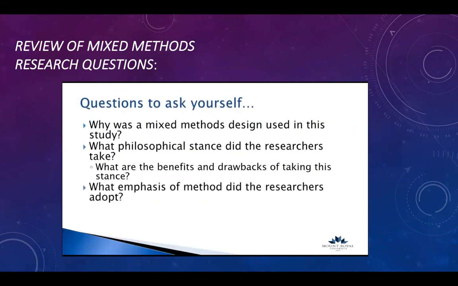What emphasis of method did the researchers adopt? Was it more heavily emphasized on quant with a little bit of qual follow-up, or vice versa? And what time dimension did the researchers utilize and why? Was it concurrent? Was it sequential? And what might have been some of the rationale behind that?